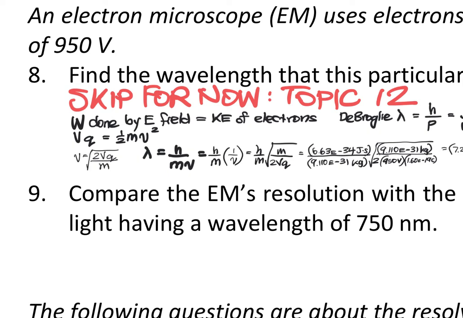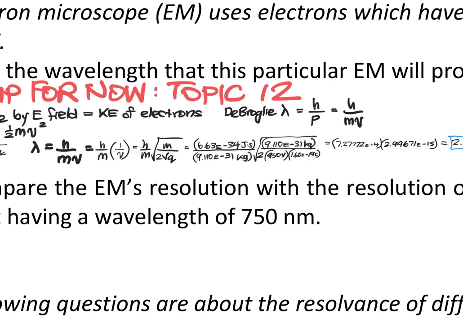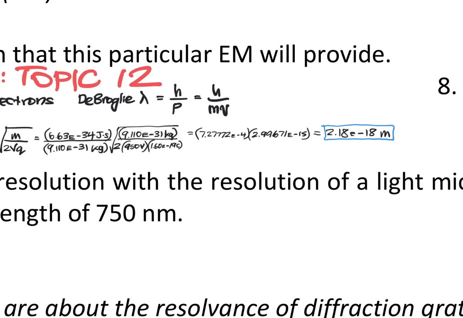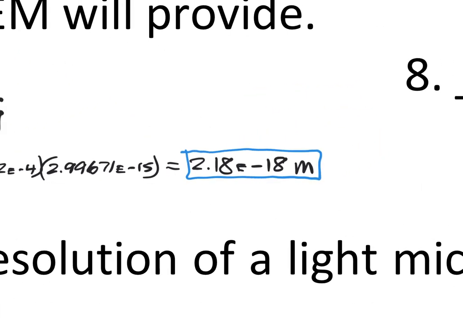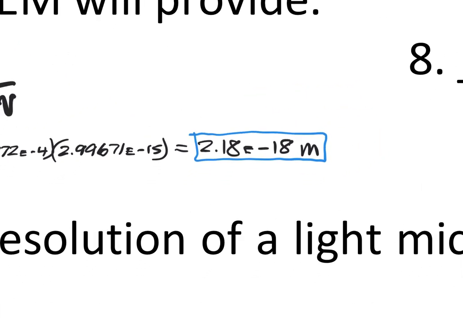I put in the speed, and I put in all the relevant numbers for h and m and v and q. Putting it all together, I get that the wavelength is 2.18 times 10 to the negative 18 meters.